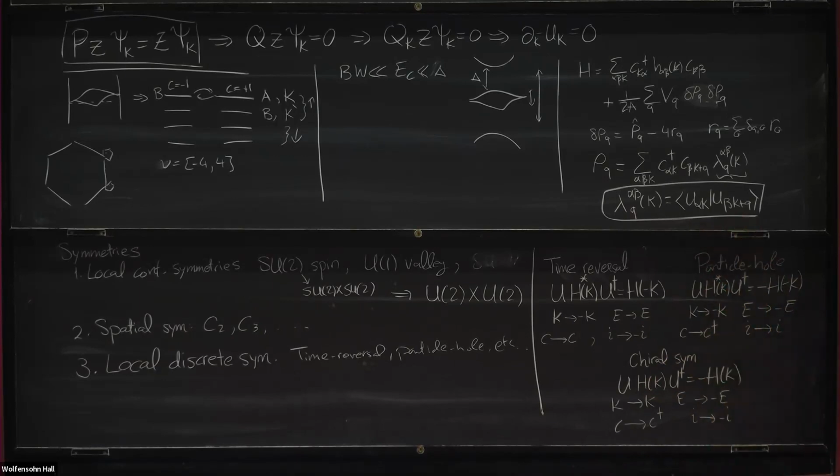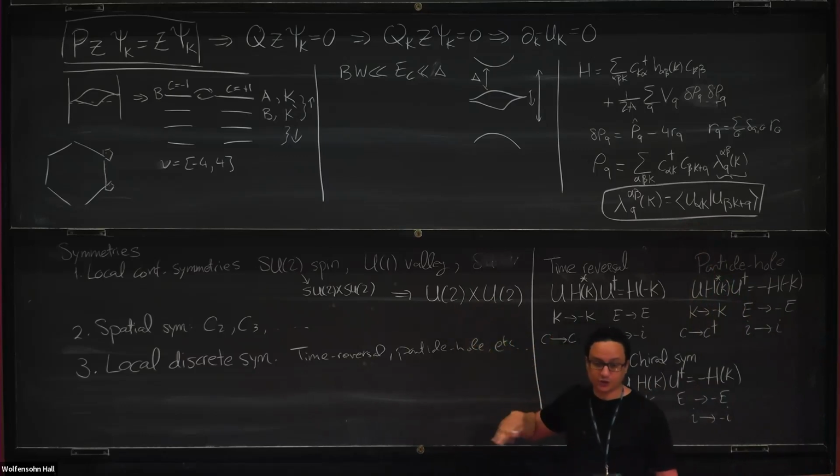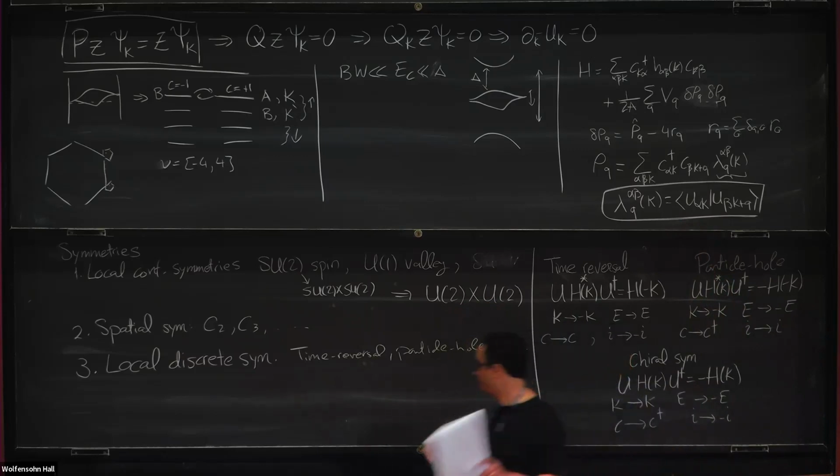So this will give me an extra symmetry of these form factors that will actually promote this continuous U2 times U2 symmetry to a larger symmetry group, which is U4.